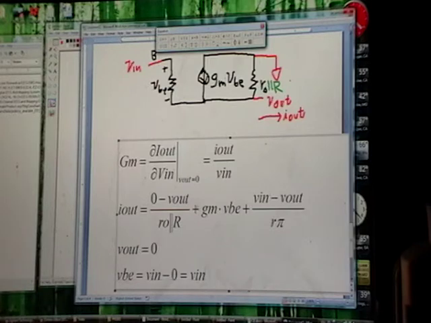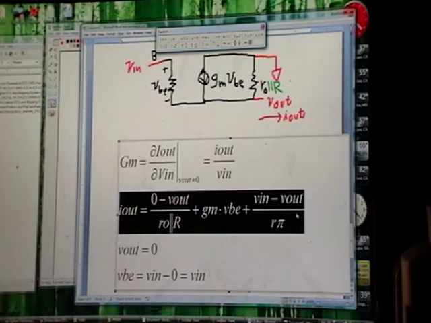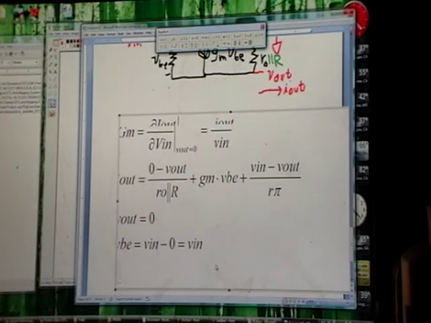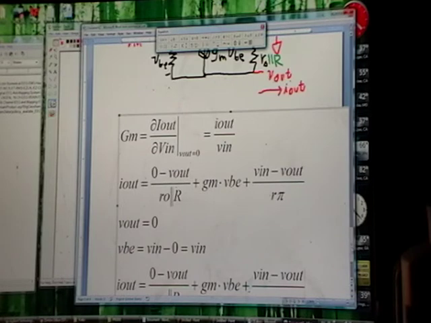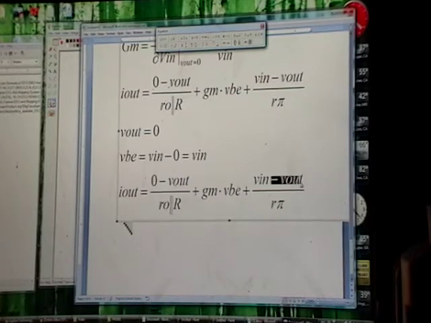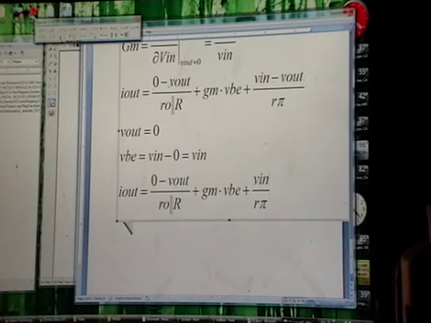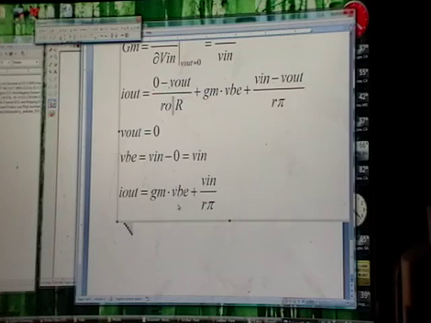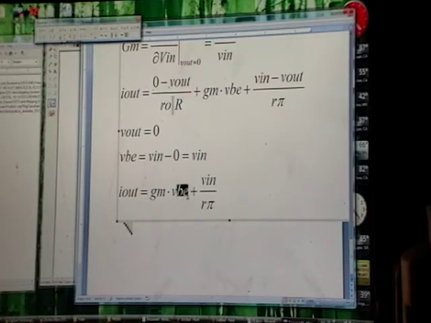Now when we rewrite this equation, V out goes to 0, so this goes away. That's okay, because in our equation up here we only want I out and V in. So this term goes away, so that's nice. We know that VBE is just V in.